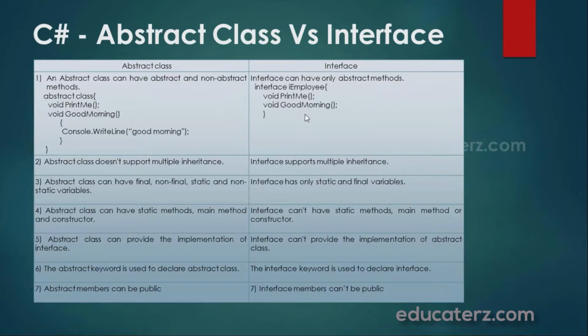By these declarations, we will be maintaining some uniformity. We are making a rule with an interface, saying that whatever methods I have declared in this interface, whoever inherits my interface should implement those declared methods. So with this interface, we'll be maintaining some uniformity.